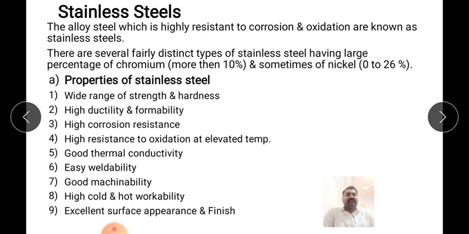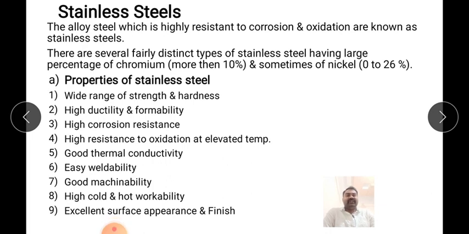Ductility and formability means as we are using stainless steel for casting purposes, it has higher ductility and formability. Then high resistance to oxidation at elevated temperature, means higher temperature. Good thermal conductivity also increases by the addition of alloying elements like chromium and nickel.